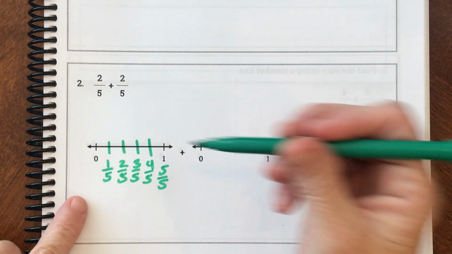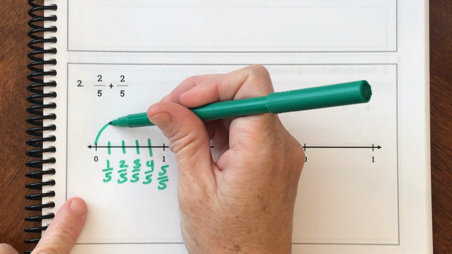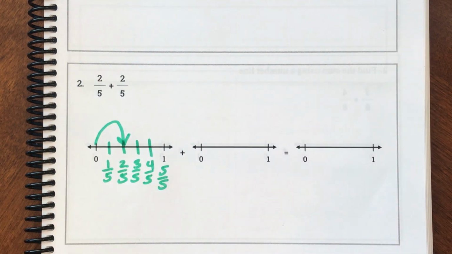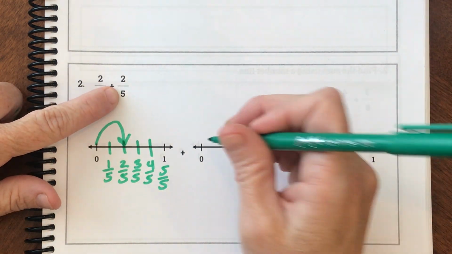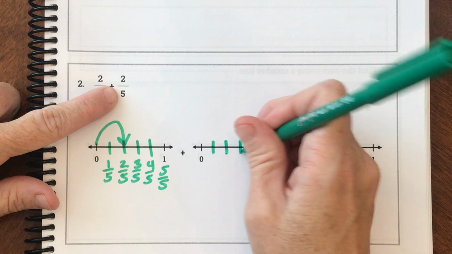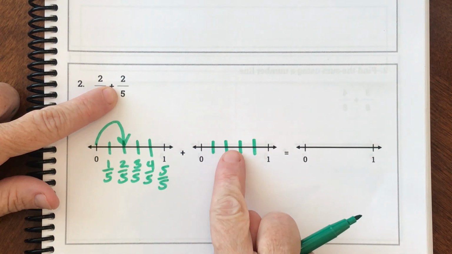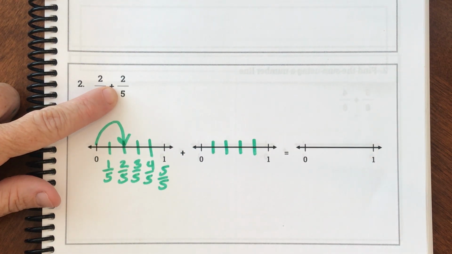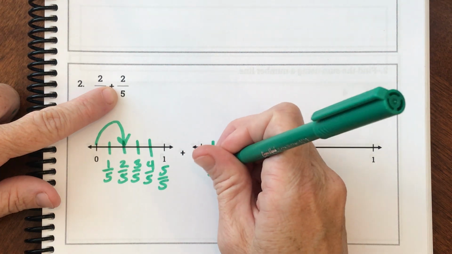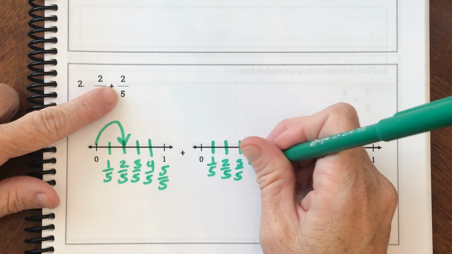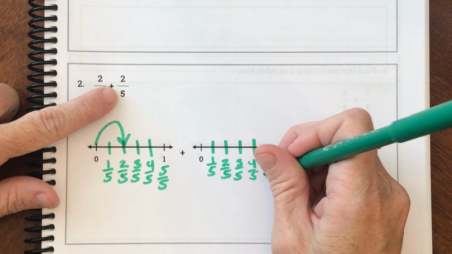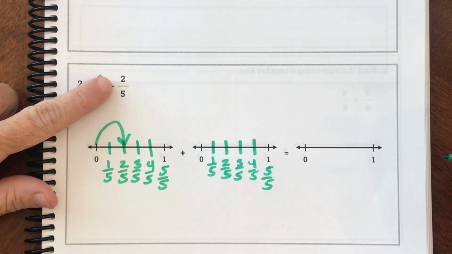Okay. So 2/5 means I jumped from 0 to 2/5. I just jumped 2 spots. Okay, over here our denominator is 5, so we have to do the same thing. We have to partition it into 1, 2, 3, 4, 5 sections. And this would be 1/5, 2/5, 3/5, 4/5, and 1 is equivalent to 5/5.